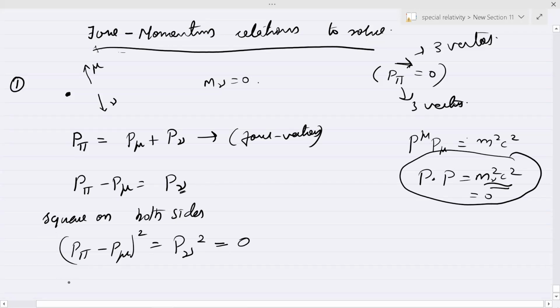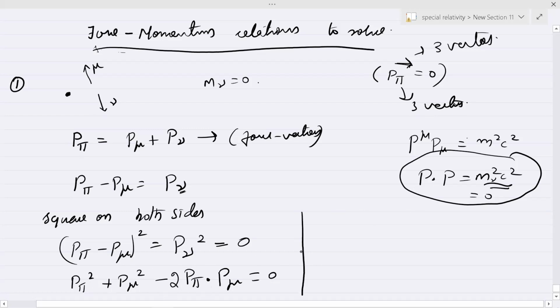Okay. So here, we can write this as p pi square plus p mu square minus 2 p pi dot p mu. All right, you have to be careful, these are 4 vectors. I'm just squaring this. So it's p pi square plus p mu square minus 2 p pi dot p mu. This is equal to 0. Fine.